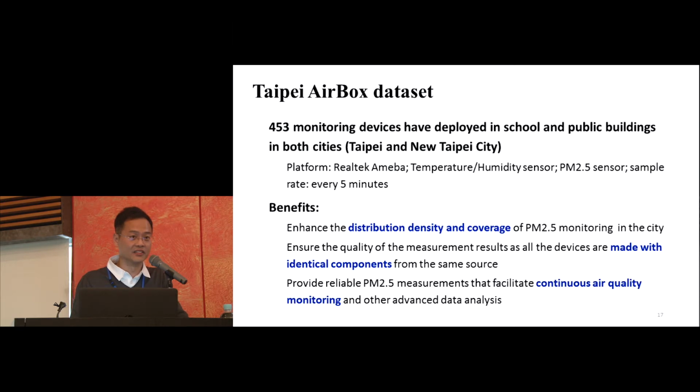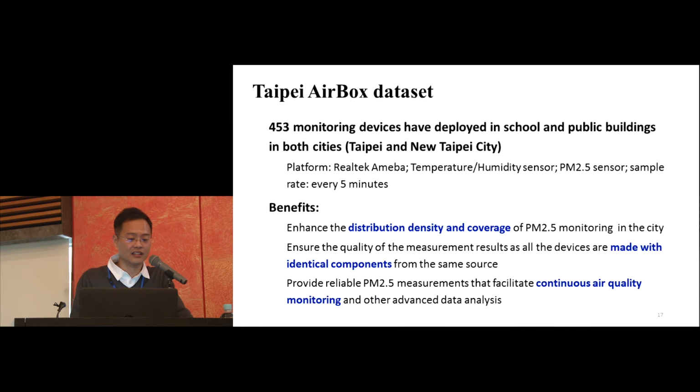In Taipei and New Taipei city, we have 453 monitoring devices, deployed mostly in elementary schools and public buildings. They have 3 sensors, including PM2.5, temperature and humidity sensors. Their sampling rate is every 5 minutes.